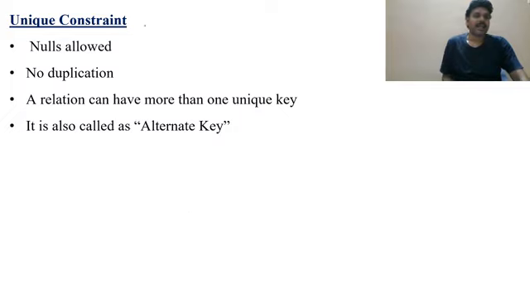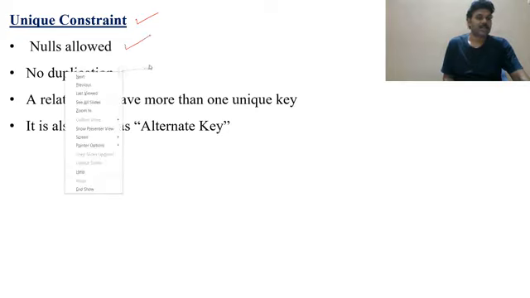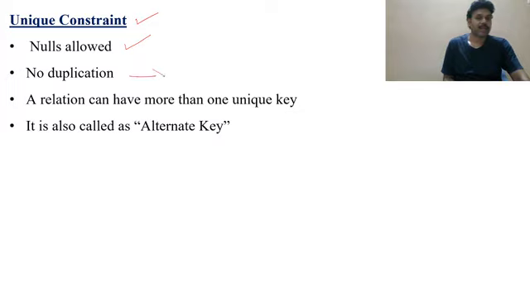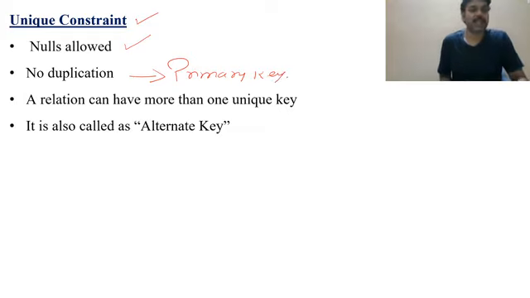The other variety of entity integrity constraint is unique. In that case, nulls are allowed, but it is very similar to primary key in that duplicates are not allowed. The only difference between primary key and unique is that in unique you can have nulls, whereas in primary key you cannot have nulls.